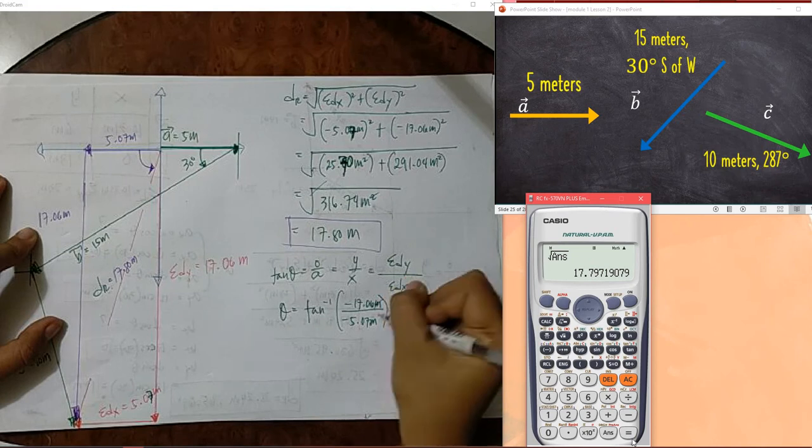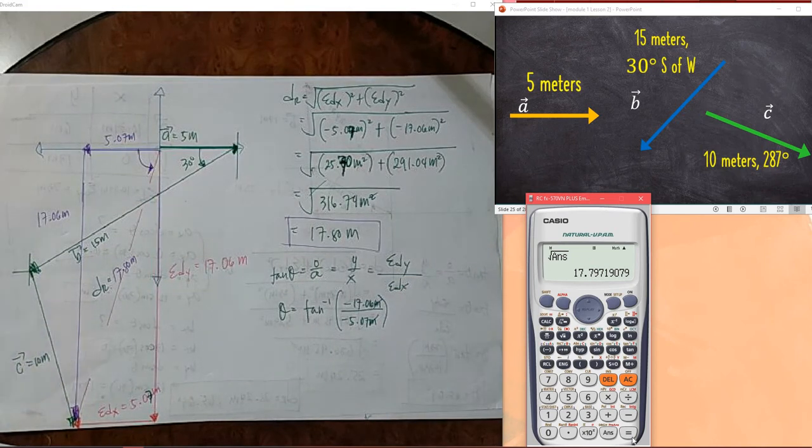Now, let us cancel the units. So, let us have here shift tan negative 17.06 over negative 5.07. That is equal to 73.45.